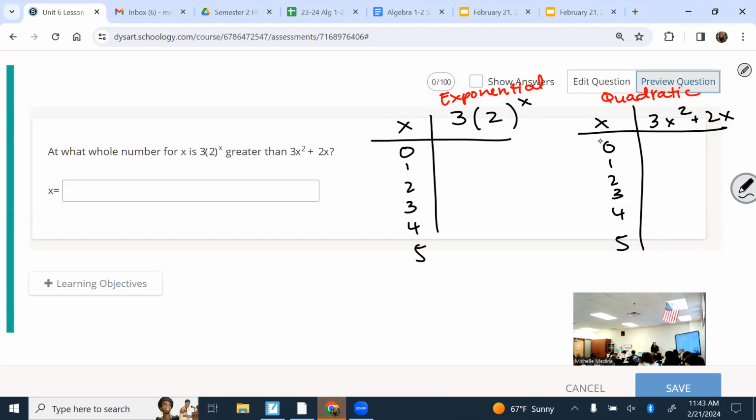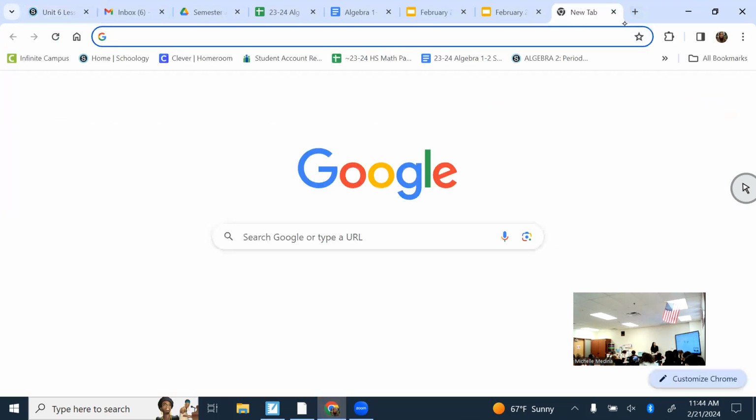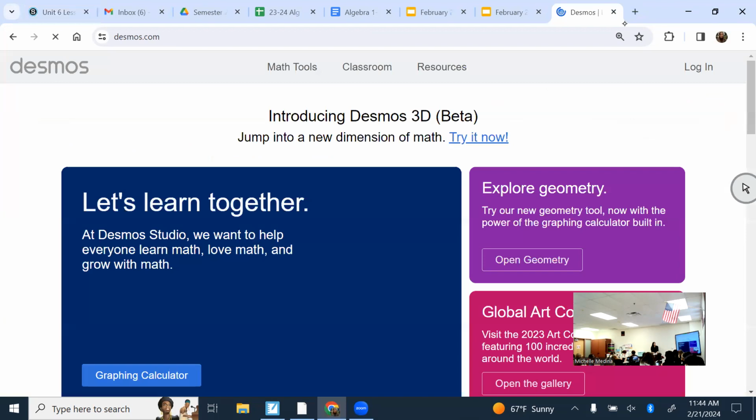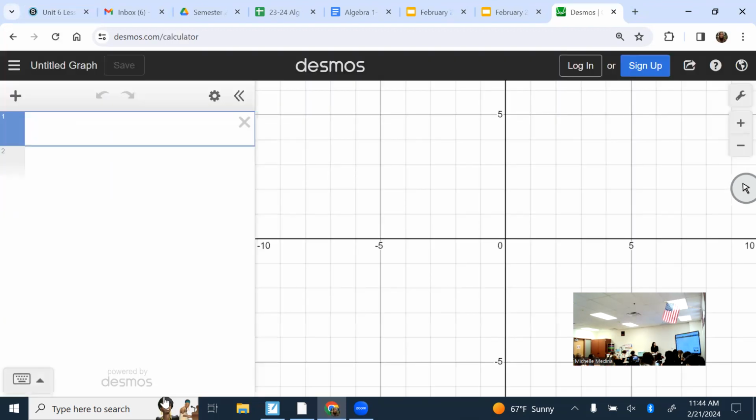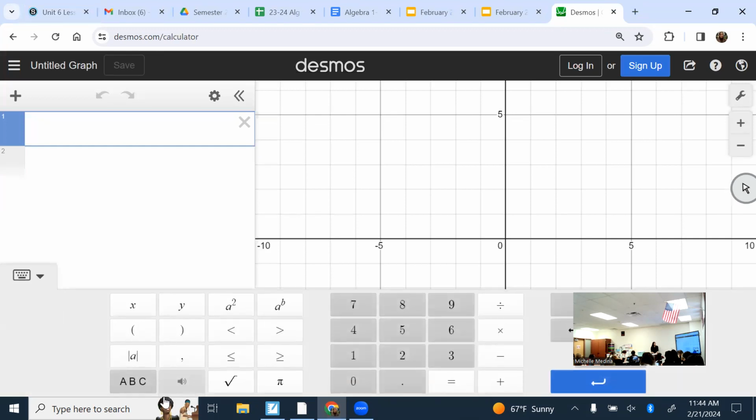I'm going to use the calculator. I'll show you the calculator. So I made a table to organize my info, but we're trying to keep track of at what whole number for x this one is greater than the other one. So I'm going to go to my calculator now. 3 times 2 to the x, which we'll just start plugging in whole numbers.